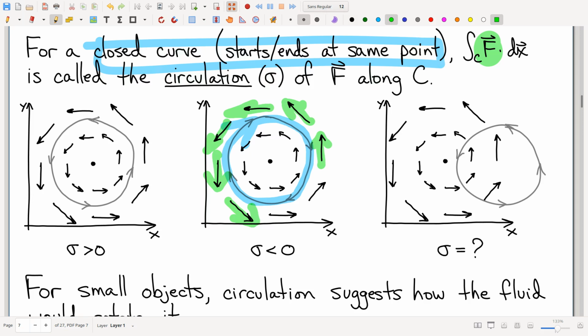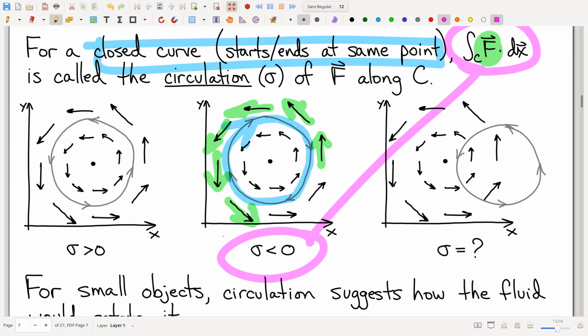So yes, it is going parallel to the curve, but in a backward sense. If you look at these dot products, the direction the vector field is pointing and the direction the position differential is pointing are vectors going opposite directions. So we're picking up negative contributions to this line integral at every point along this curve. Since that happens the whole way around, we should expect this line integral, namely the circulation, to be negative. Does that make sense?